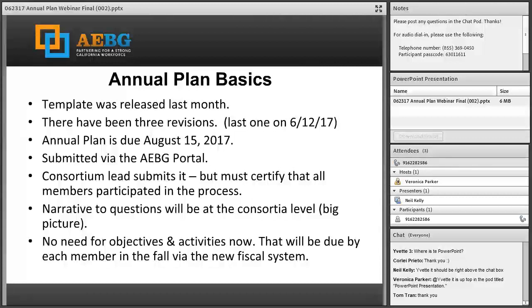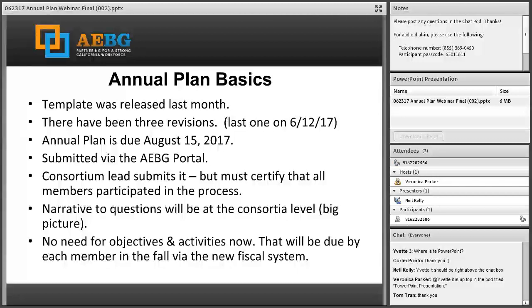So the plan this year is a little more big picture, with narrative responses to questions. There are tables, but none of the details like we had in past years with objectives, activities, and other things like that. We're going to have a fiscal system redesign that will be due in the fall, and we're still working it out.